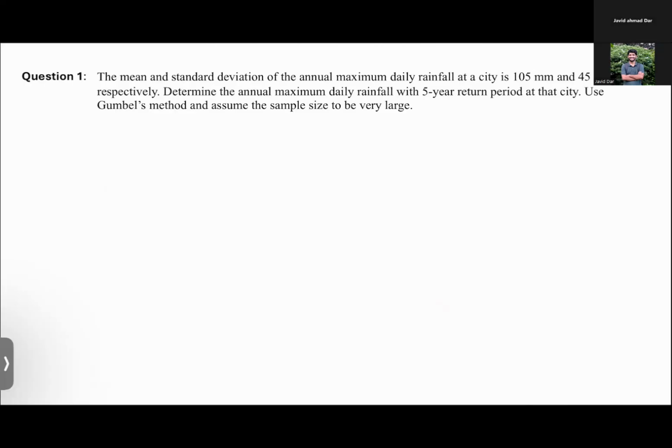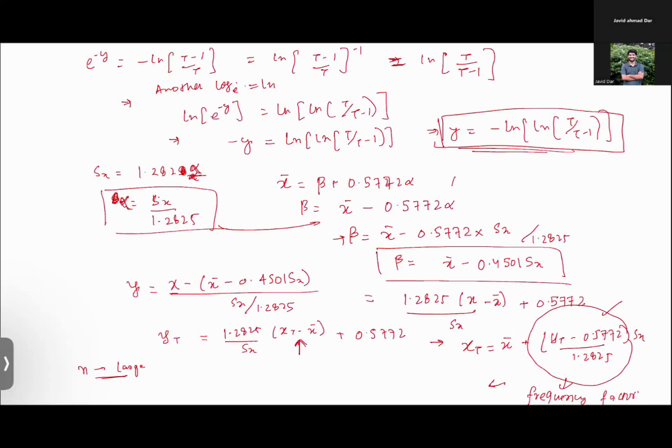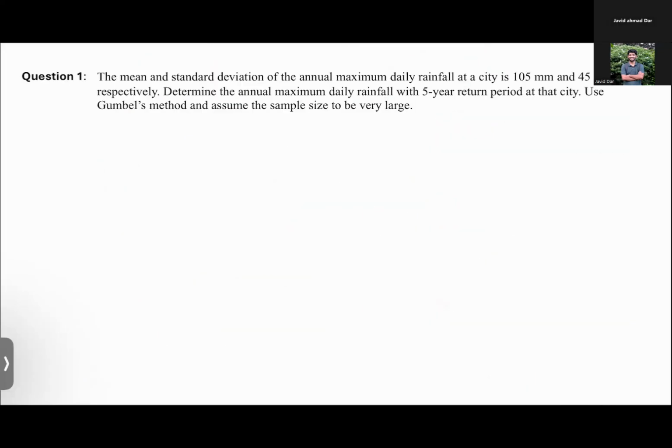What we need to determine is the annual maximum daily rainfall with a 5-year return period at that state. We have to use the Gumbel method, and assume that the sample size is very large. So the same equation is going to get applied. The only thing is what is known to us and what we need to calculate.